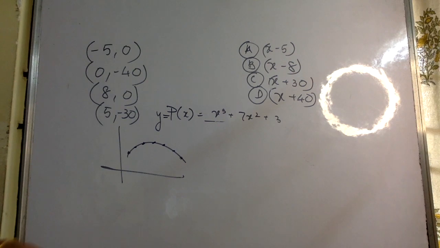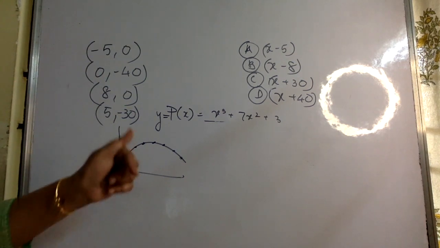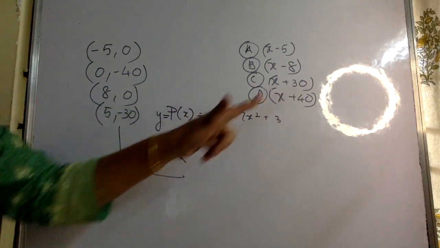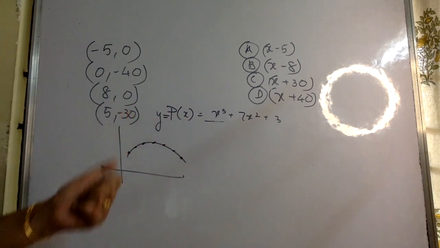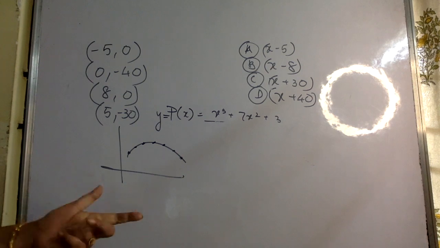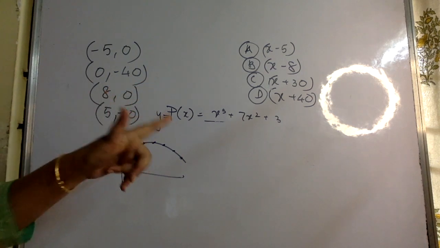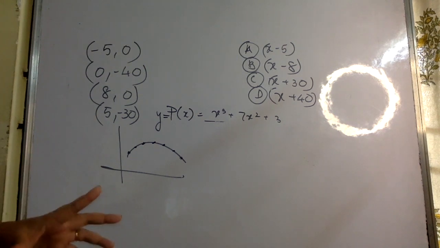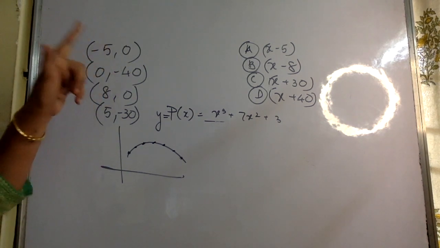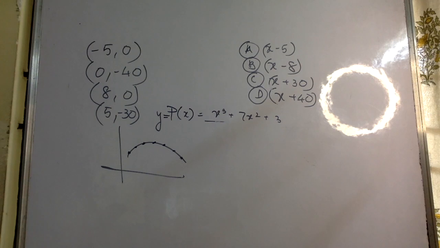I don't know. Similarly, if I put x equal to minus 40, I don't know whether the y value is going to be 0, because (-40, 0) is not a point lying on the polynomial. Rather, (0, -40) is a point lying on the polynomial.